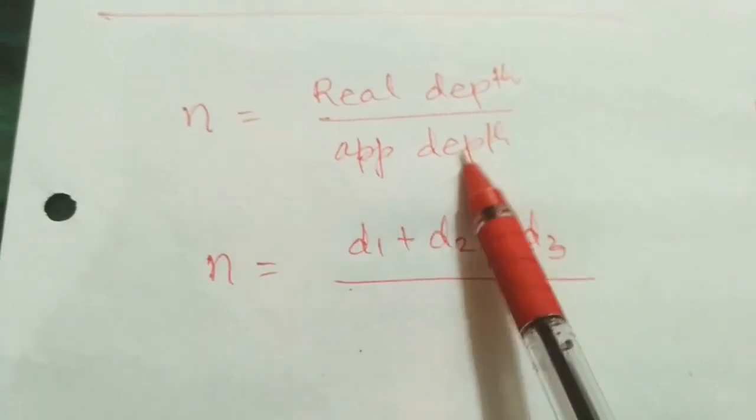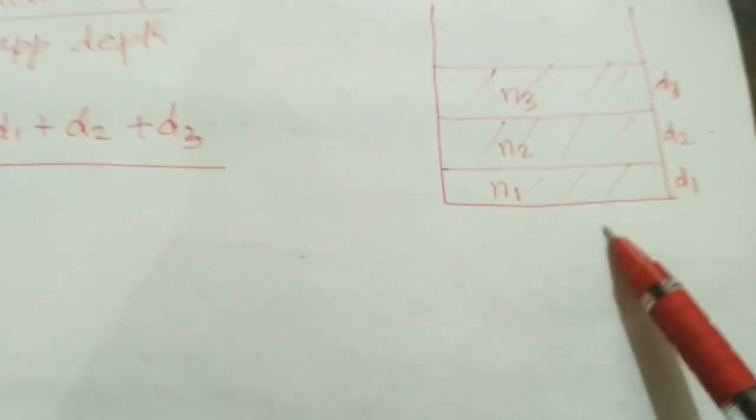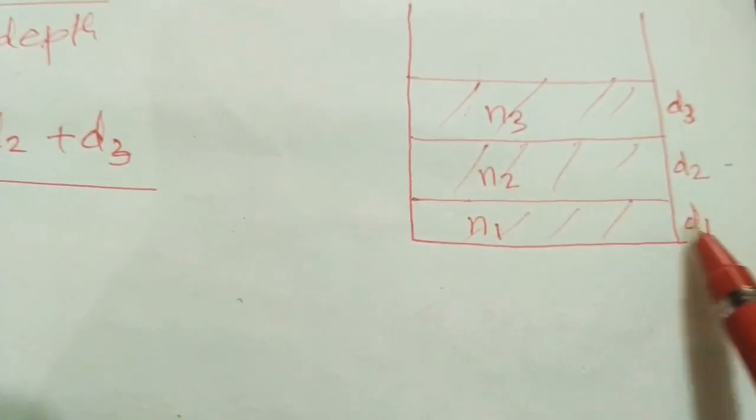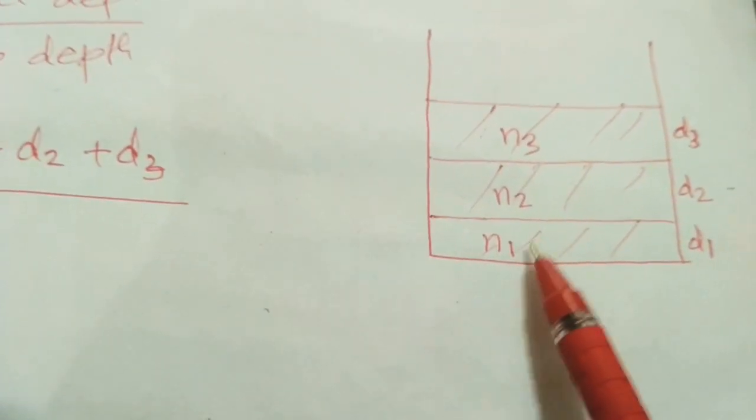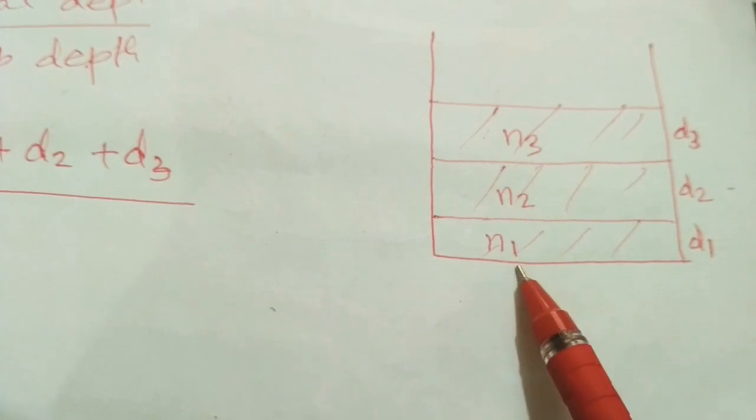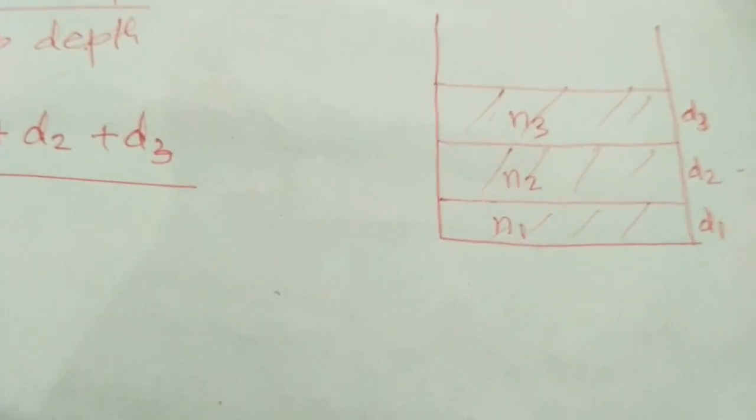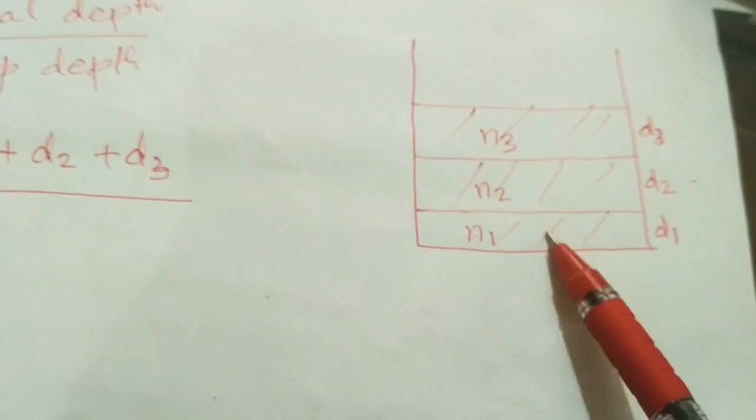Now the apparent depth. Apparent depth depends on the medium's refractive index. This one has N1, so for this medium the apparent depth will be different, and for the others it will be different too. So let's first calculate the apparent depth for this medium using this equation again.